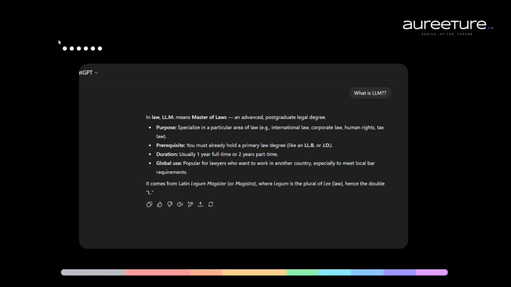Just suppose when I ask GPT what is LLM, then GPT told me that LLM means Master of Law. Is it correct or not? Please interact with me, because I'm trying to explain all these things in a simpler way. If I try to explain in a broader, tougher way, I think you are not able to understand what I actually want to say.